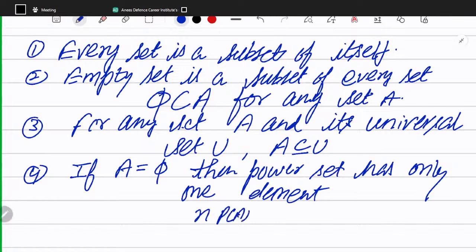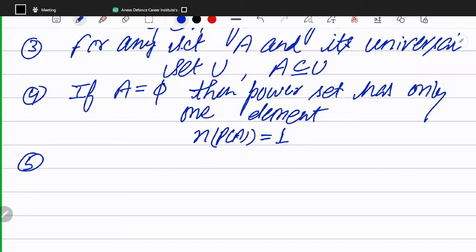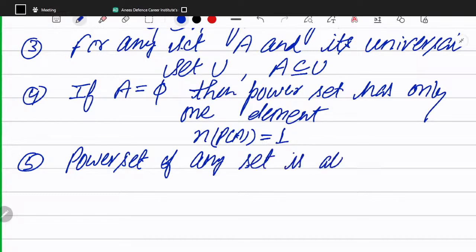That means n of P of A is equal to 1. Now the next fact is, power set of any set is always a non-empty set.